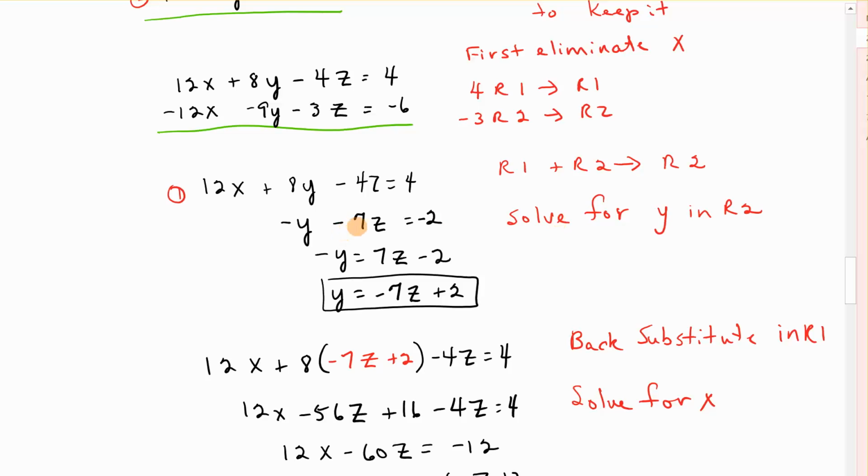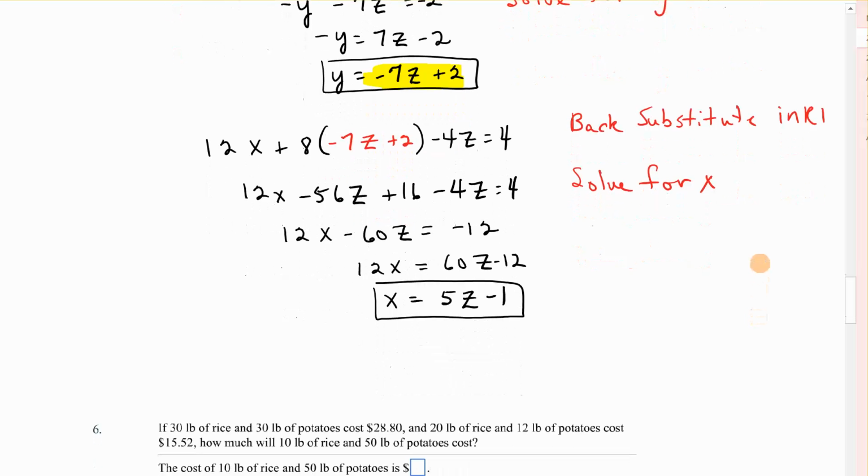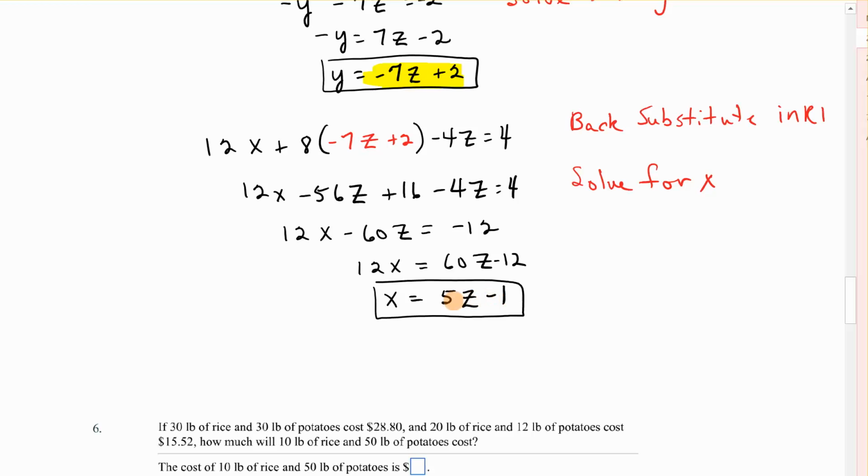In other words, bring the 7z over, becomes positive there, divide by -1, and you have y equals -7z plus 2. That will be the solution for y. Then you can back substitute that expression right there in your other equation, and you end up with x equals 5z minus 1.